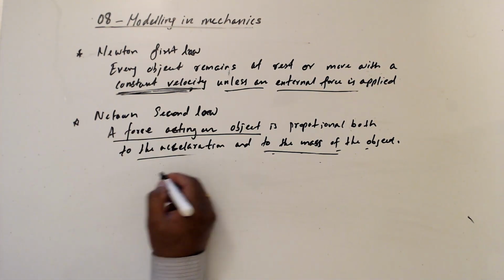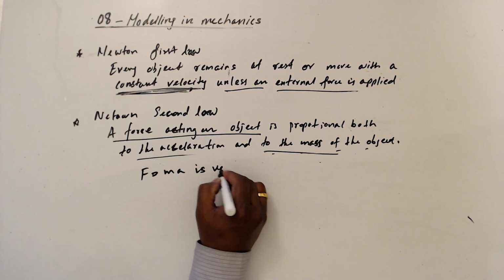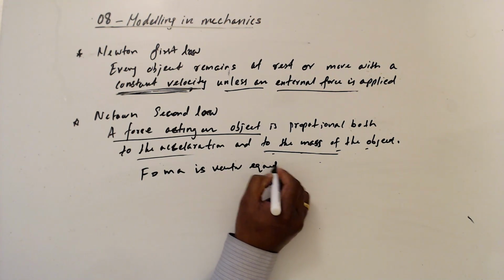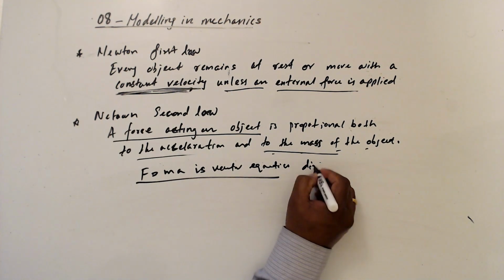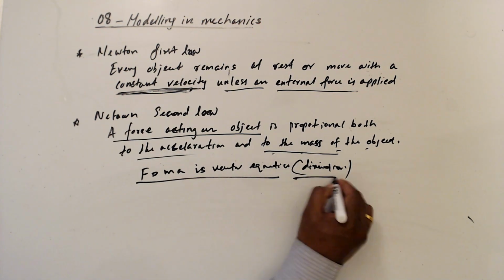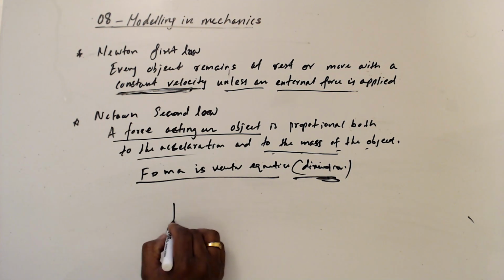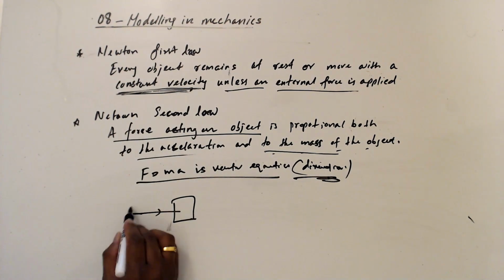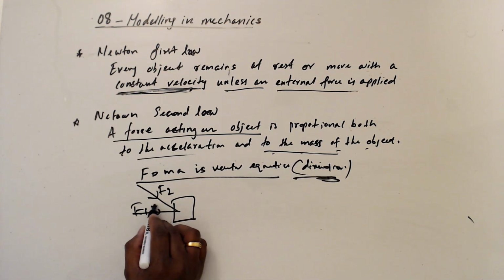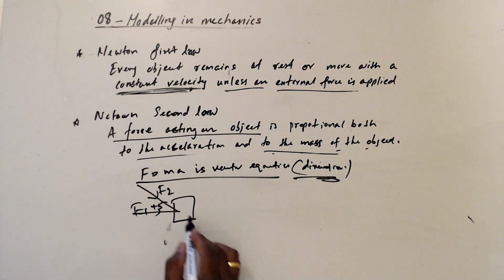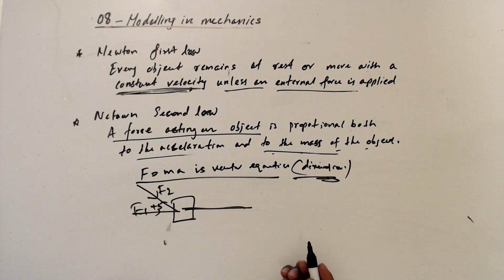An important thing is that F equals ma is a vector equation. So when you apply this, you have to show the direction in which you are going to apply it. For example, assume we have an object and a force F1 like this and another force F2 applied at 45 degrees. Then we have to work differently.